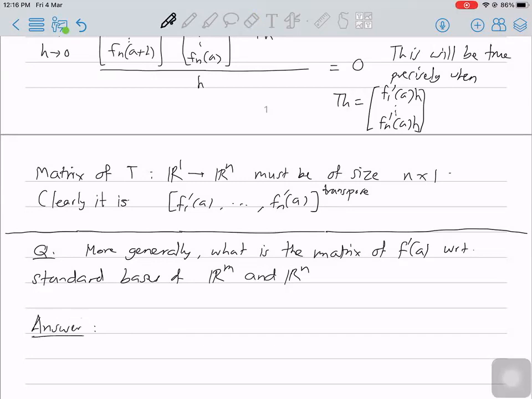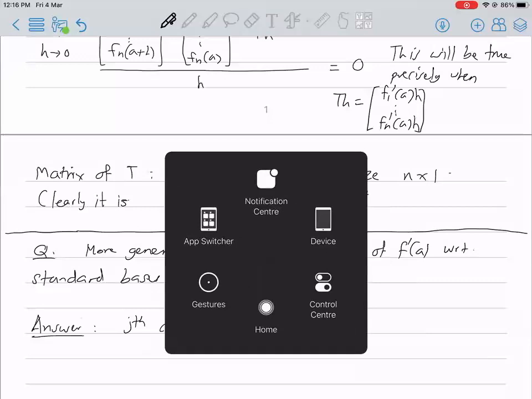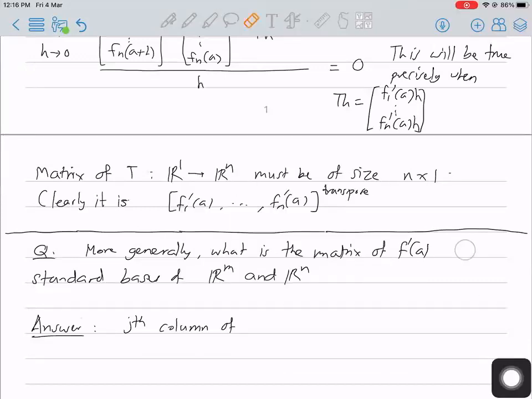So what do I do? Jth column. Let's do one thing. Rather than writing F prime of A, let's give a name to it, T. The jth column of the matrix of T is simply T applied to Ej.